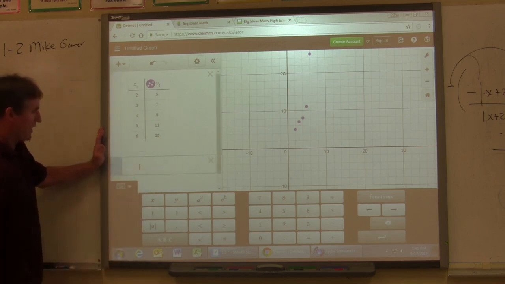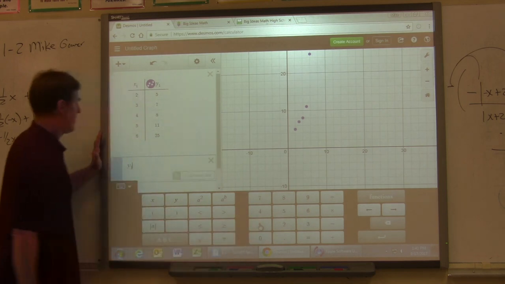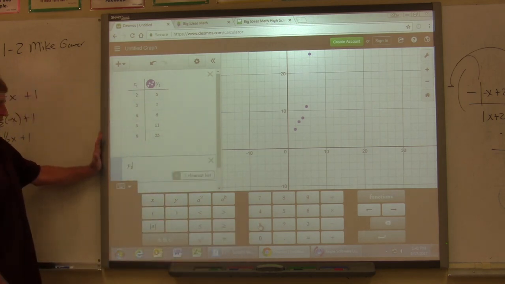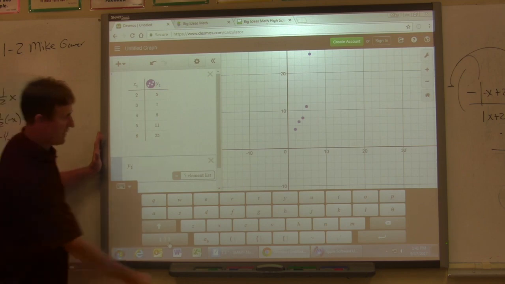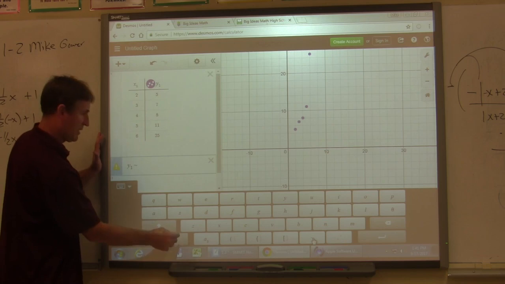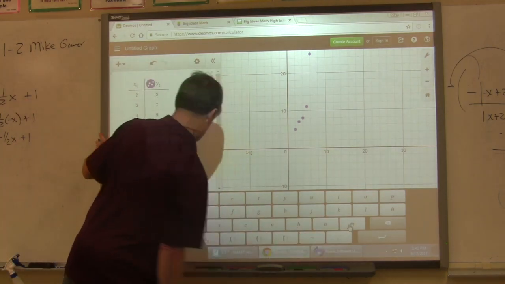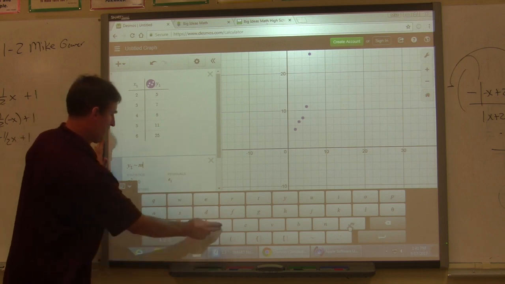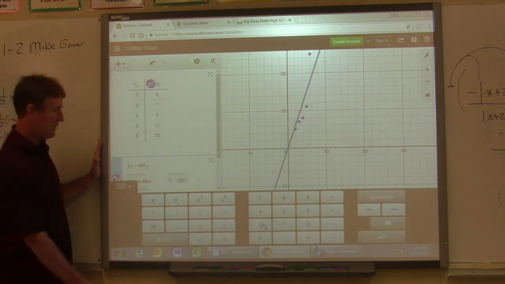Let me just show you this. I type in the equation y, and the subscript 1 goes there automatically when you type it in. And then the wavy line is for approximately, and that's right here. So y1 is approximately m, and then we go to x1. Again, it will put the subscript in.